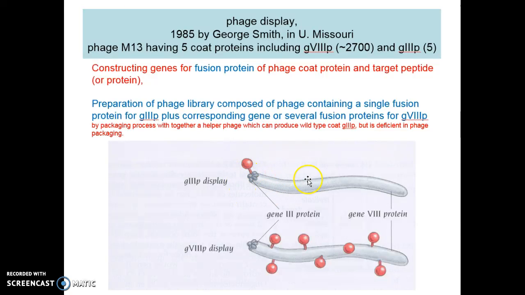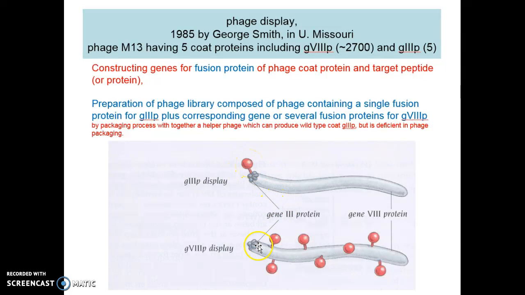And then you just prepare the phage particle shown like this. Here you can see G3P at the end, usually 5 copies, but one of them has a fusion protein, the red one.